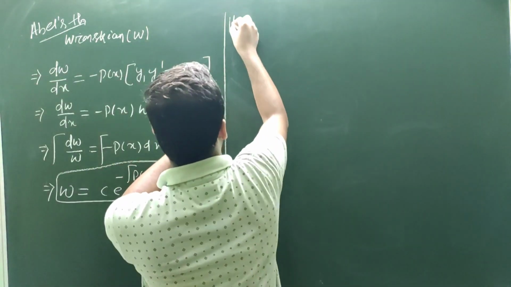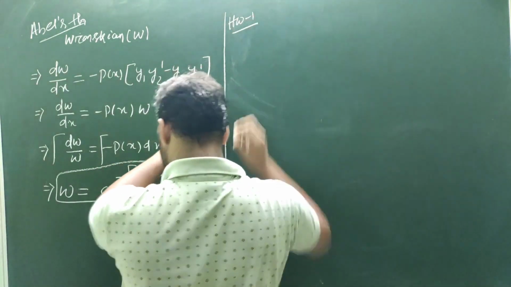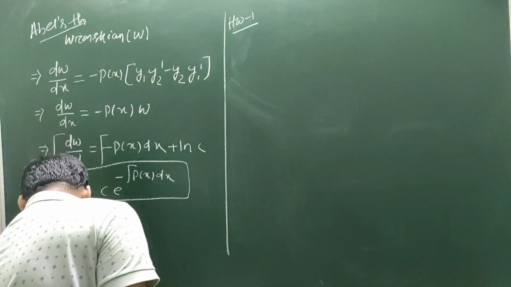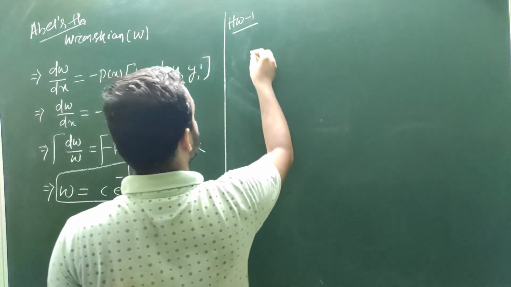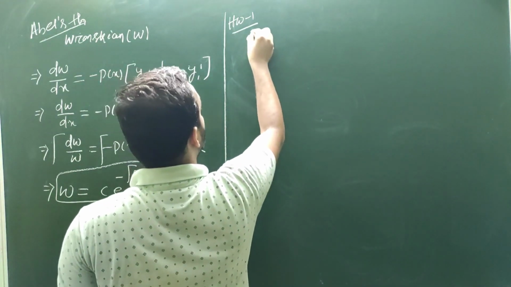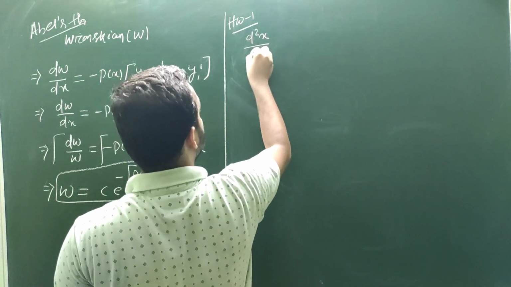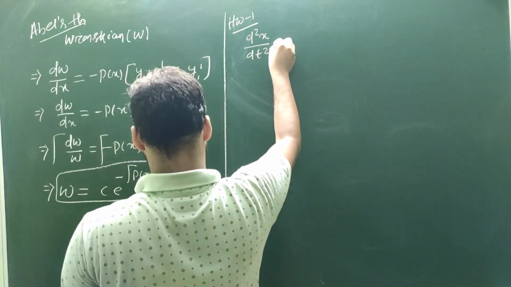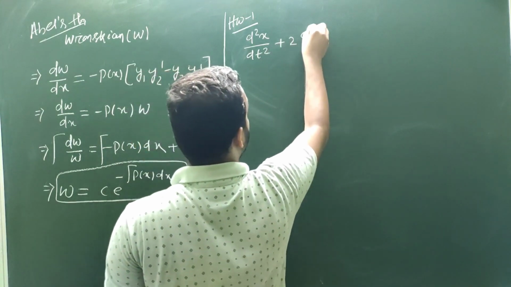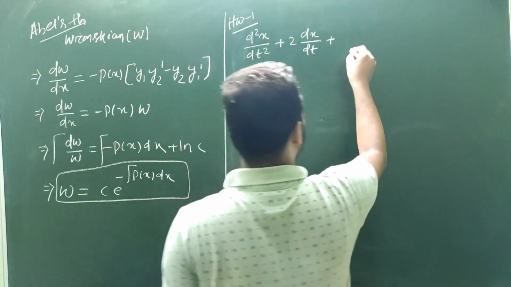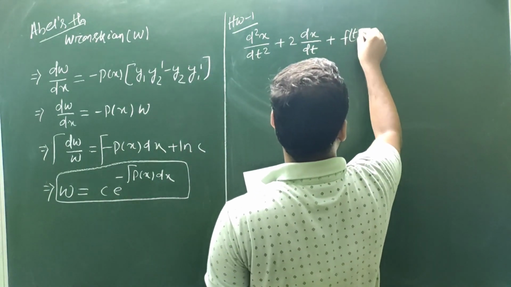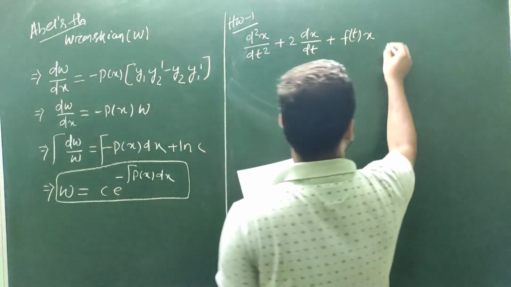Now I will give you two homeworks. They are quite similar, for practice. In the first case, this is the differential equation: d²x/dt² plus 2 dx/dt plus f(t) times x is equal to 0.